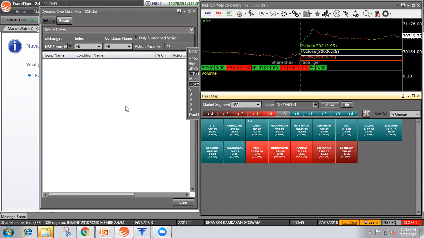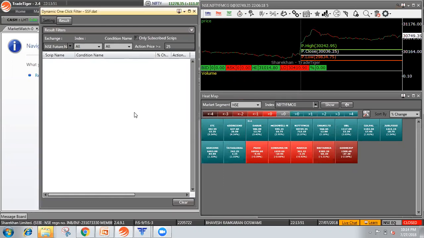You don't have to wait for 925, 926. The only thing is that the sector should be 1% up and the stock should be 2% up. Now, if you want to do a hedge call, how to do a hedge call?